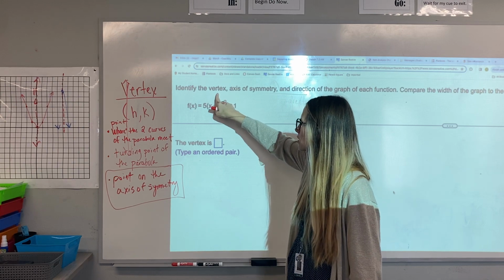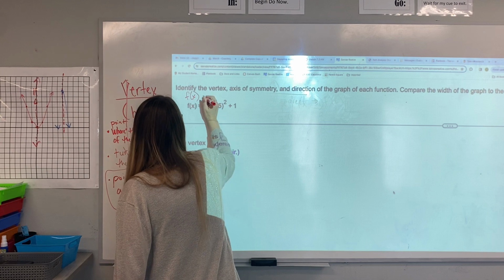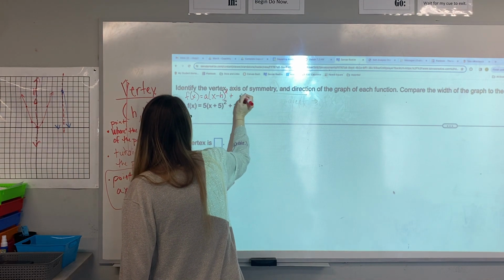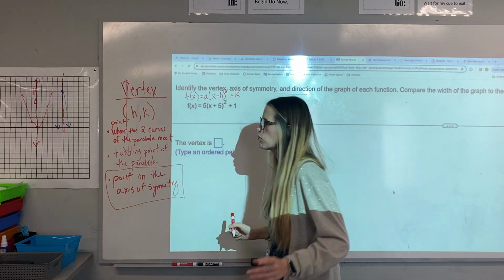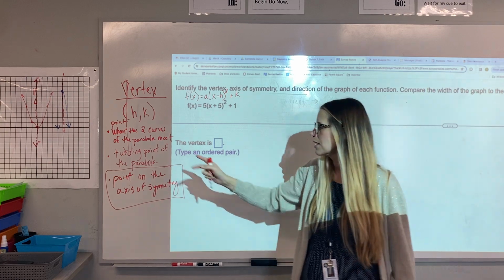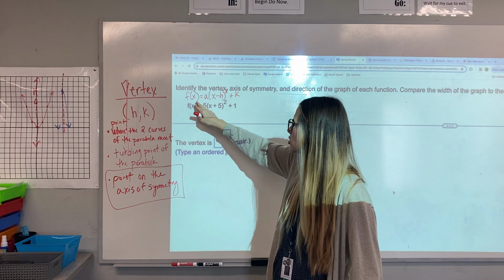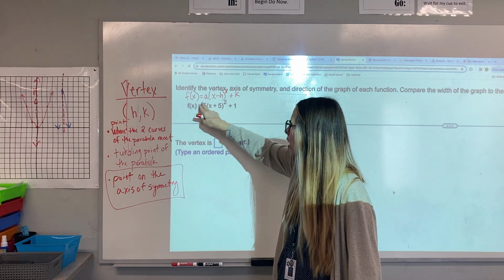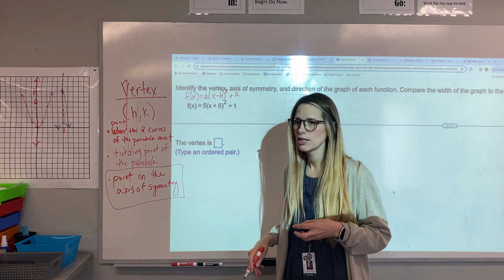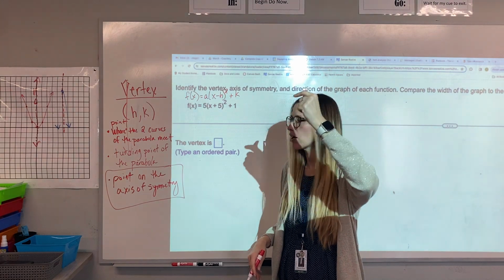Let's identify the vertex first. This is given to us in what we call vertex form: a times (x minus h) squared plus k. Ricky, you gave me the definition earlier that the vertex is (h, k), and that's true. When we look at a function in vertex form, we can pull out the information for h and k and automatically get our vertex.